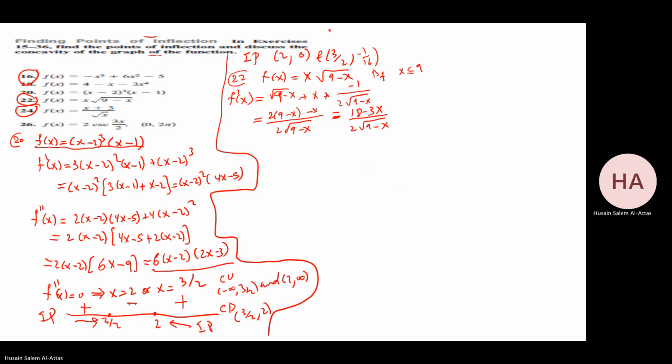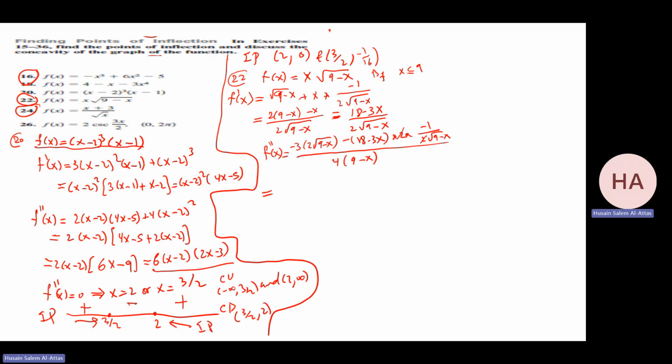Okay. Now, f double prime, I need to do it carefully. That will be minus 3 times 2 square root of 9 minus x, minus (18 minus 3x) times 2 times minus 1 over 2 square root of 9 minus x. This is cancelled. All of this is squared, 9 minus x.